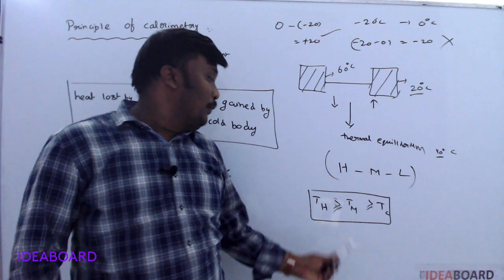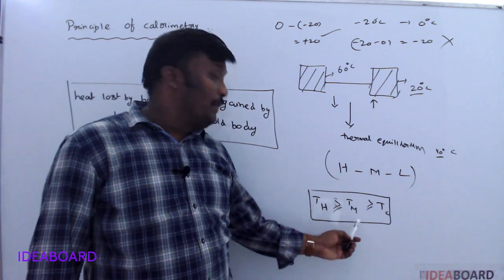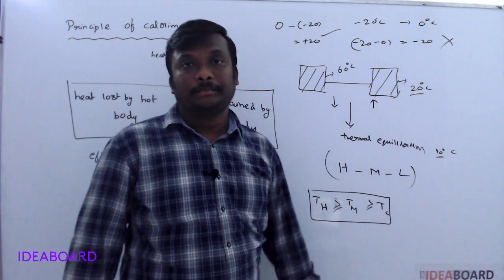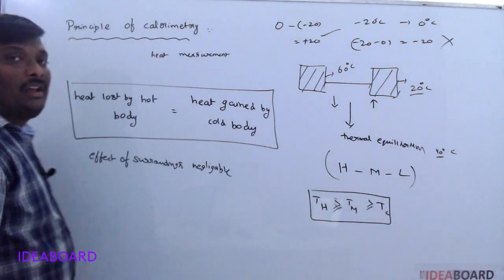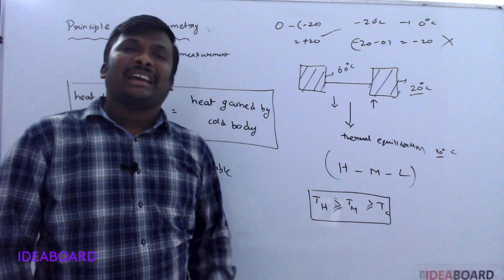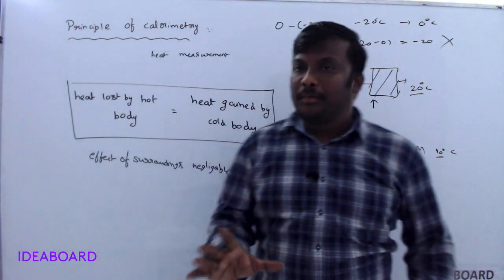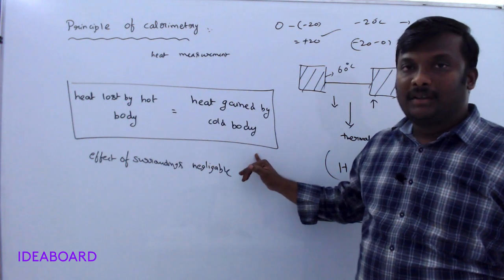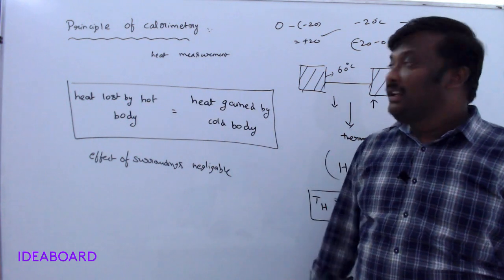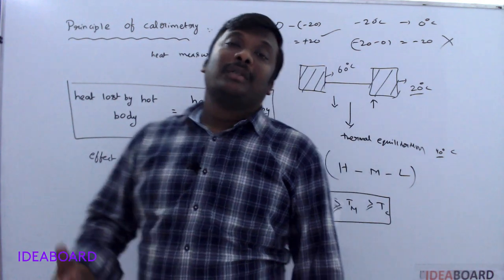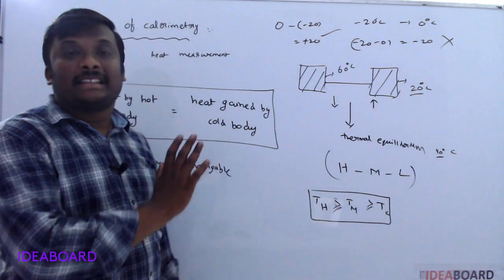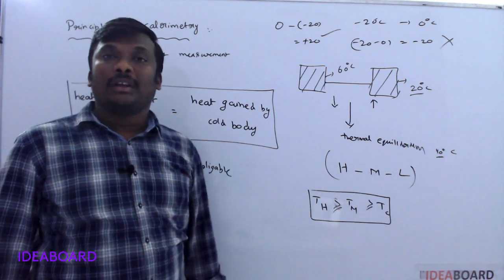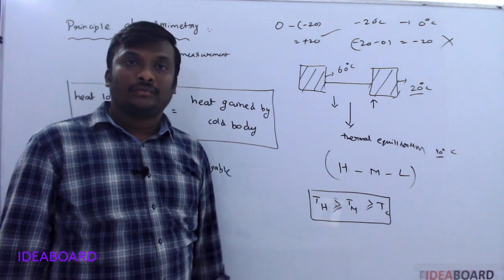So the temperature of hot body is always greater than or equal to the temperature of mixture, which is greater than or equal to the temperature of cold body. This is about calorimetry. Concepts are very simple, but problems are tricky. For understanding problems only, we have discussed until now the basic concepts related to calorimetry. By using this, we are doing some numericals now. Okay.